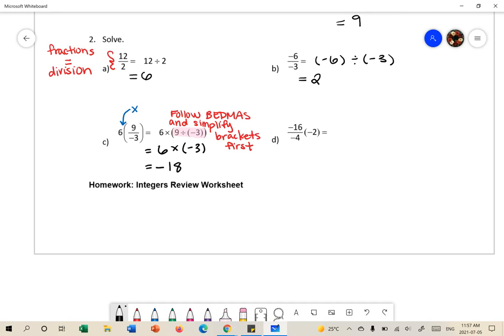And finally, negative 16 over negative 4 times negative 2. So this is the same thing as saying negative 16 divided by negative 4 times negative 2. So I'm going to simplify my brackets first.